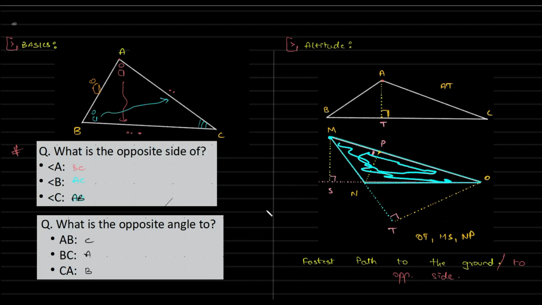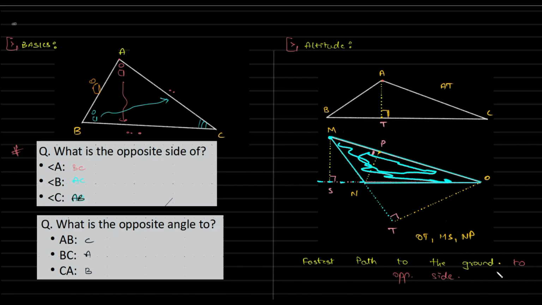It's not so all the time. Okay. So it is an extended line of your opposite side. So to that, if we happen to draw a perpendicular line, that's your altitude.